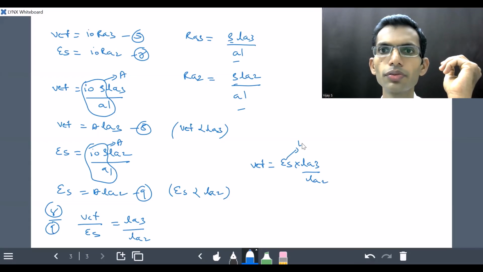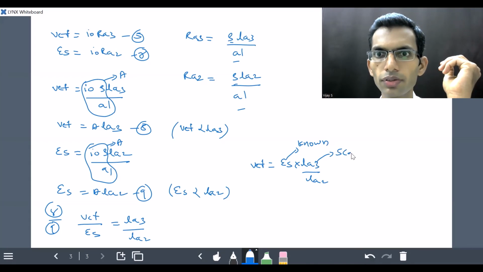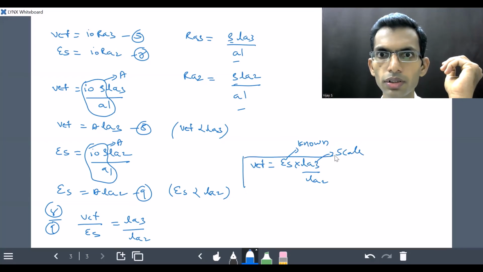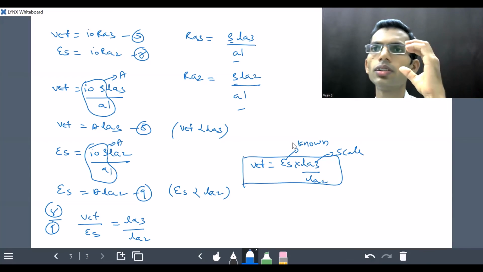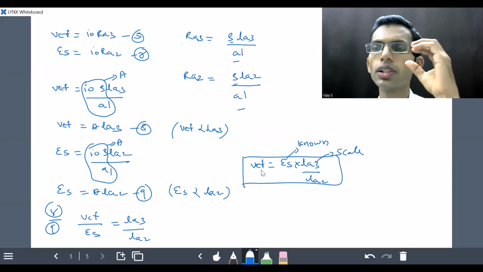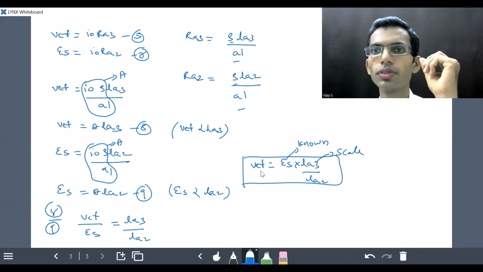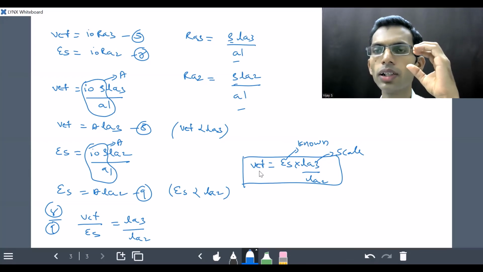ES is known, and these lengths are measured from the scale. By substituting, we can obtain the potential difference across the resistor R1. Here you can see we are only measuring LA2 and LA3 from the potentiometer experiments and obtaining the potential difference across the resistor R1. So that is the thing.